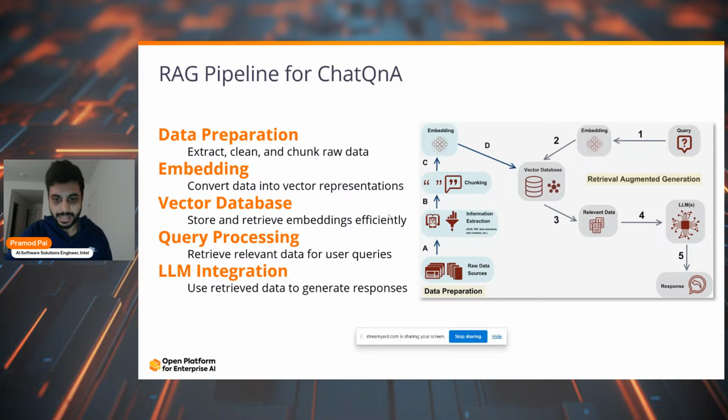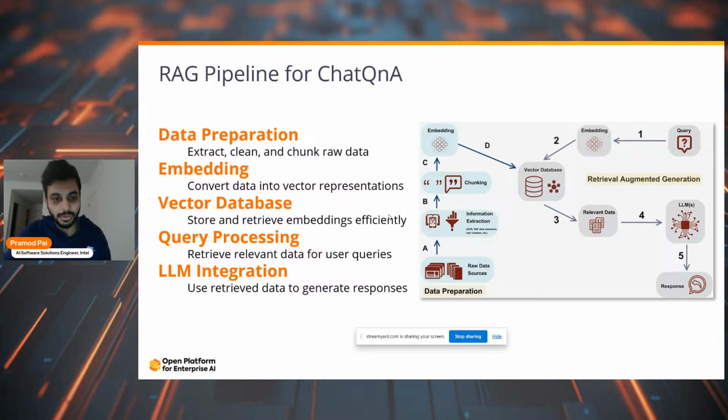It is a pipeline that is used in chat Q&A. This pipeline is all about enhancing LLM responses by incorporating information retrieval capabilities. This way you make the generated answers more accurate and context aware.